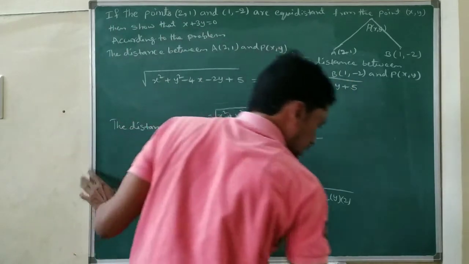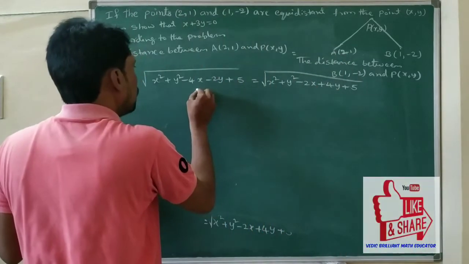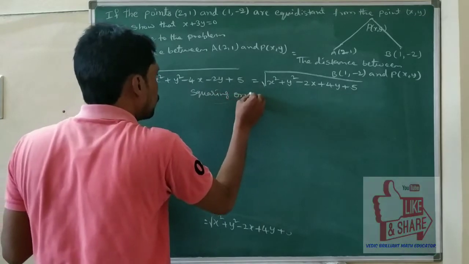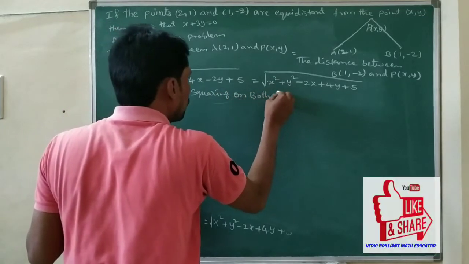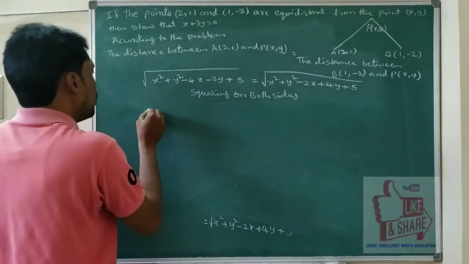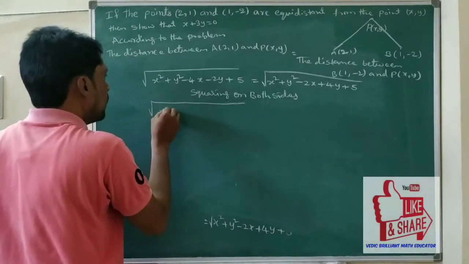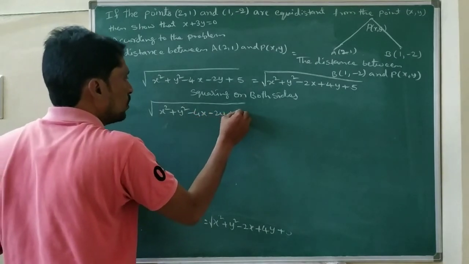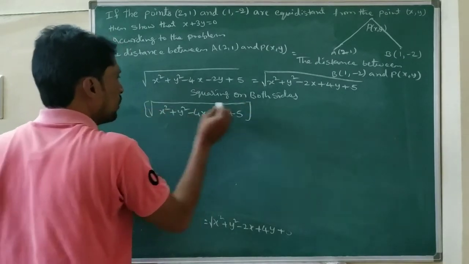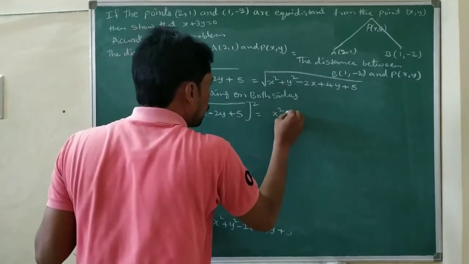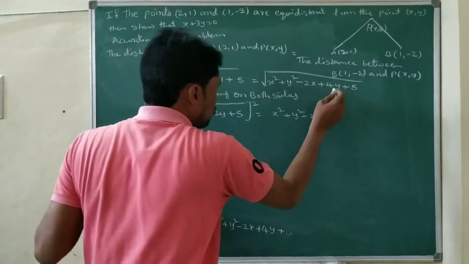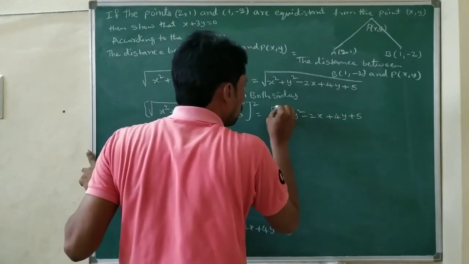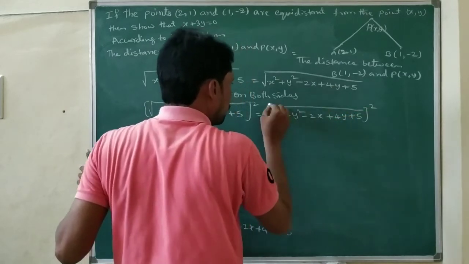Now we need to take squaring on both sides. So under root x square plus y square minus 4x minus 2y plus 5 whole square equals x square plus y square minus 2x plus 4y plus 5 under root whole square.